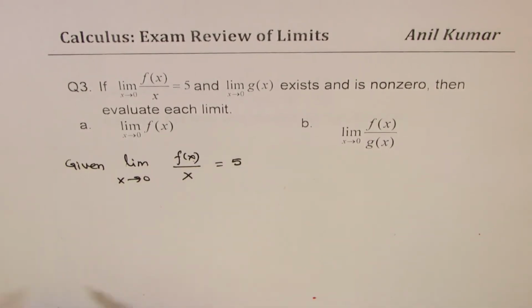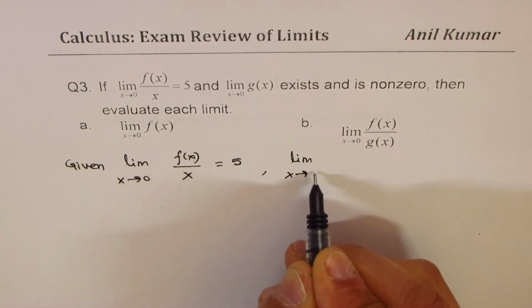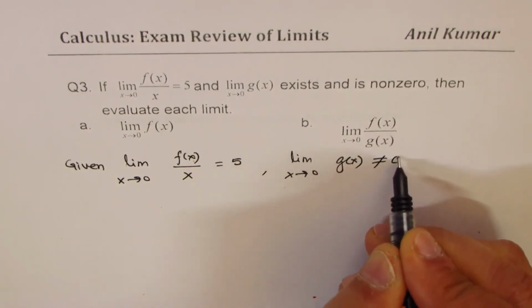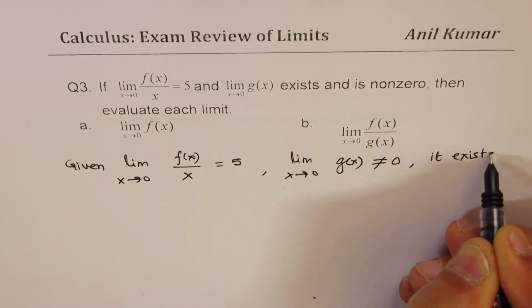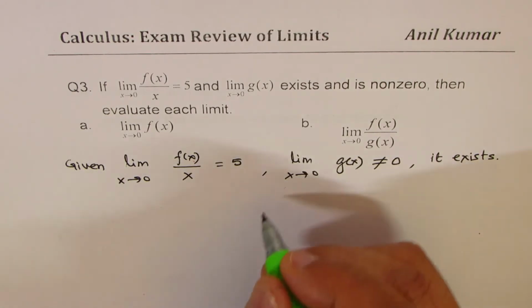It is non-zero. And we are also given that the limit x approaches 0 for g of x is not equal to 0, but it exists. Now we have to answer the 2 questions.